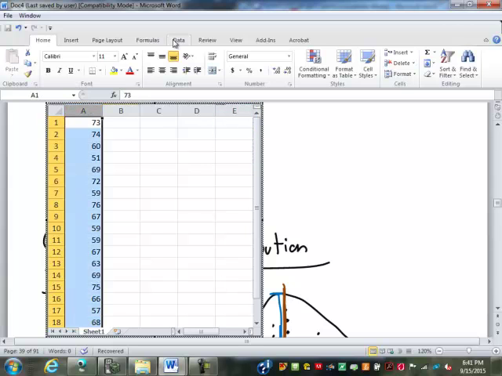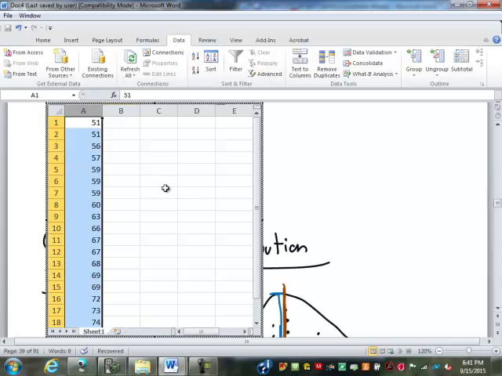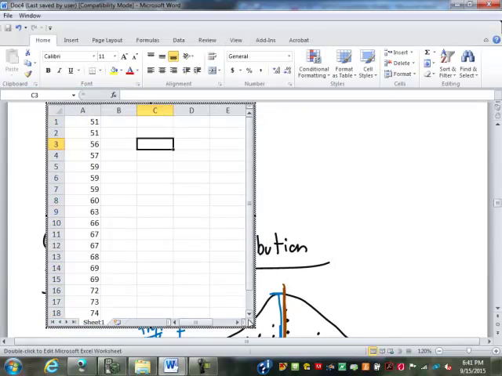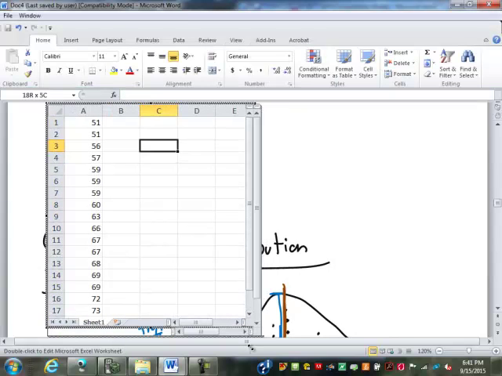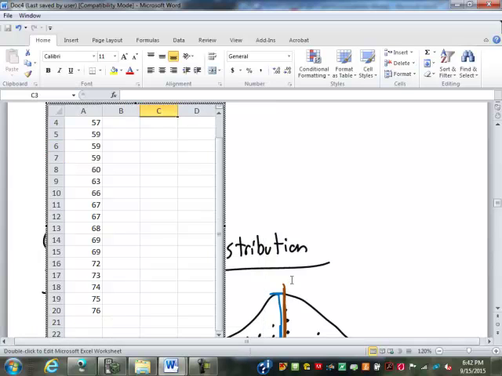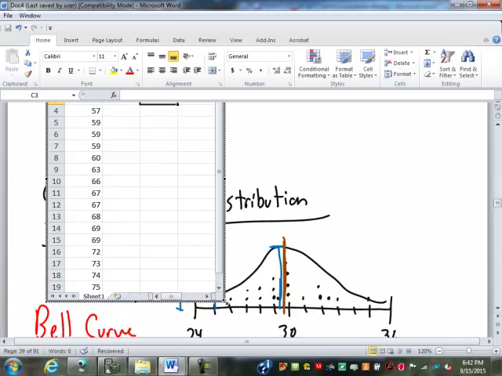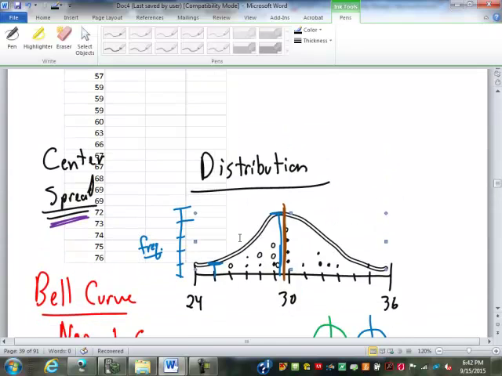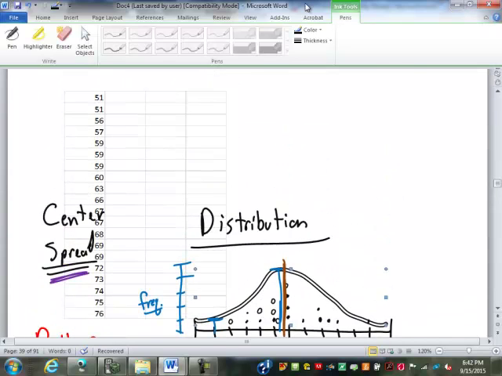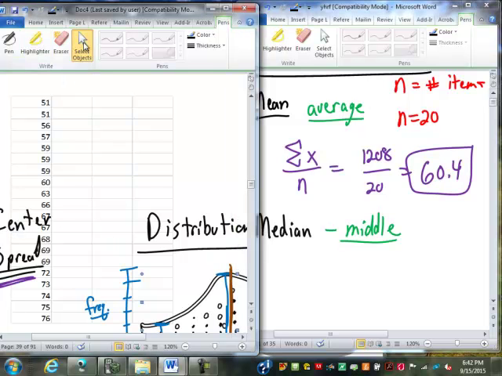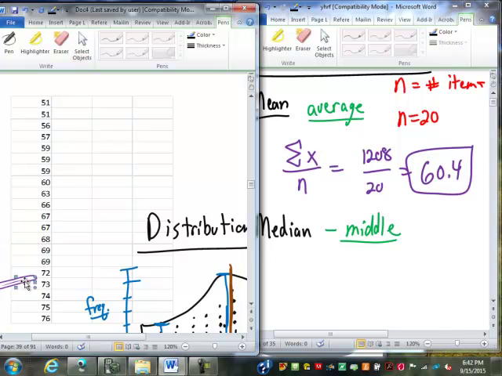So I'm just going to sort these with my data filter, smallest to largest. There, now I can see all 20 of them. So for my median, I now have those all put in order from smallest to largest.